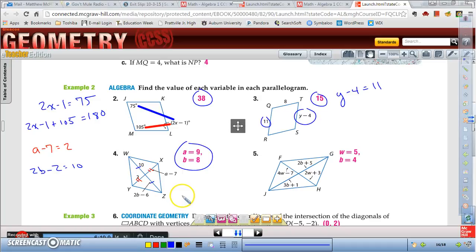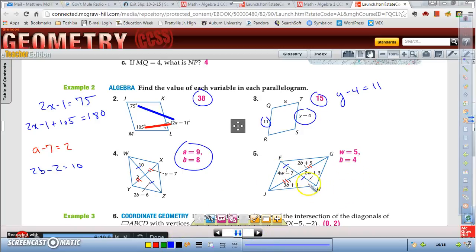Very similar for number 5. Actually, same process. The only difference here is that your equations are going to be a bit more complex. Okay, so you've got the blue segment congruent to this blue segment, the red segment congruent to the red segment. Set up your equations here.